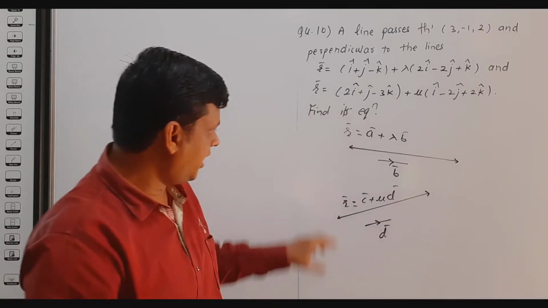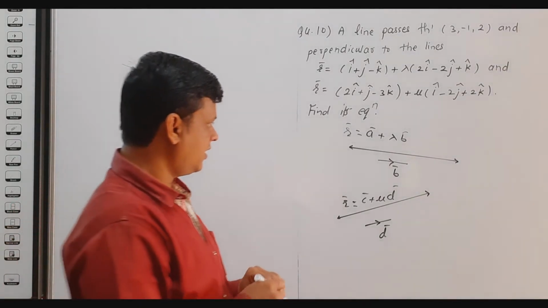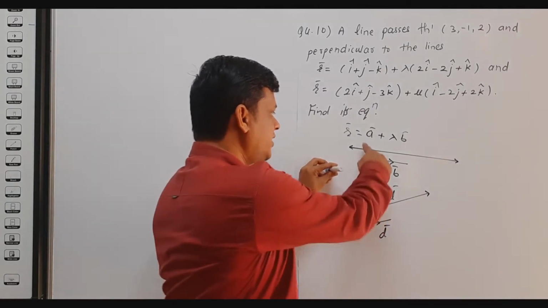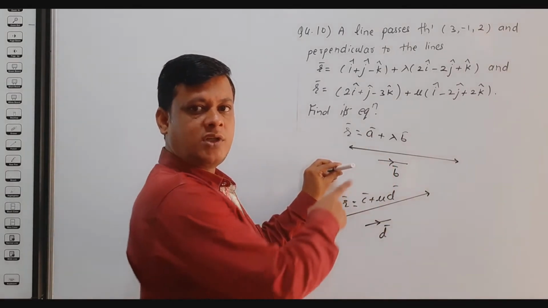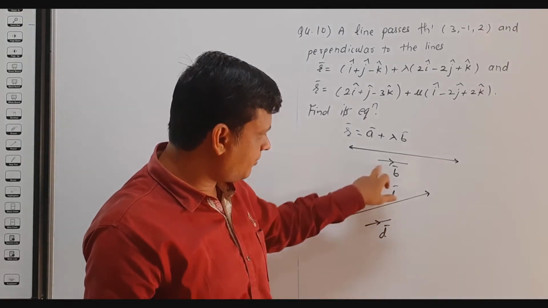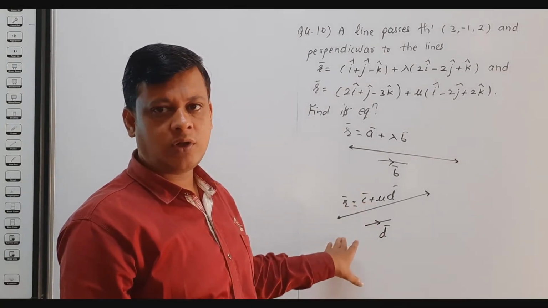Now these two lines are perpendicular to the required line. Suppose this pen is the required line, these two lines are perpendicular to this required line. So when we take the cross product of these two vectors, we get a vector which is perpendicular to both.